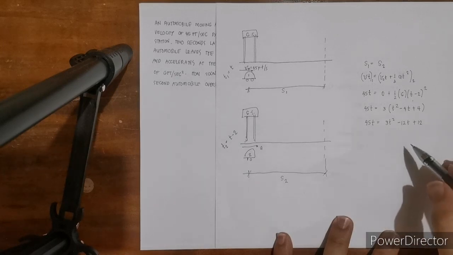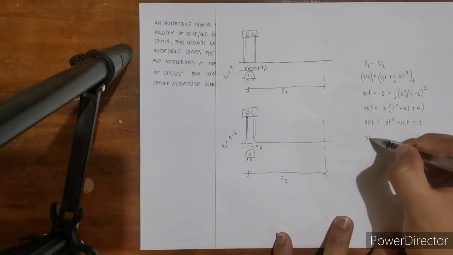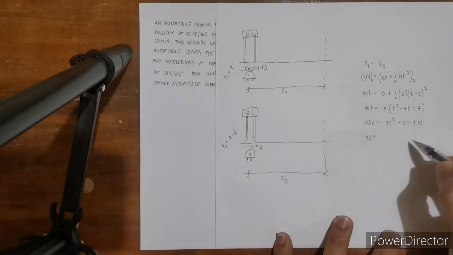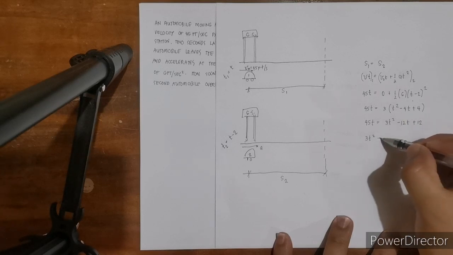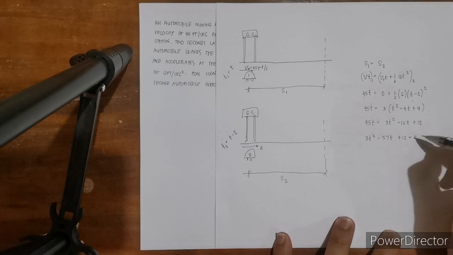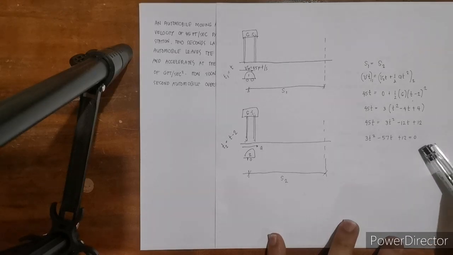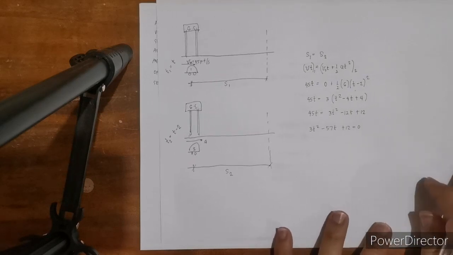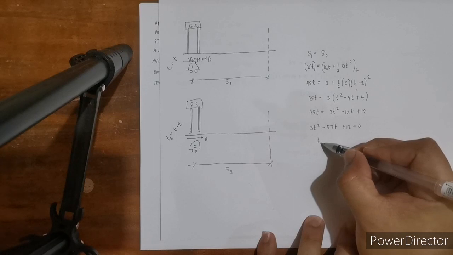So simplifying further, ipat natin to, that will become 3t squared, transposing 45, that will become negative 57t plus 12 equivalent to 0. Again, that is a quadratic equation. So, dalawa yung time na makukuha natin. So, using your calculator, mode 5-3, you can get the two values for t.